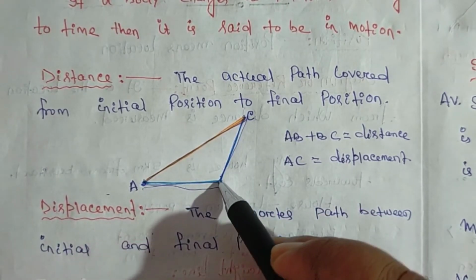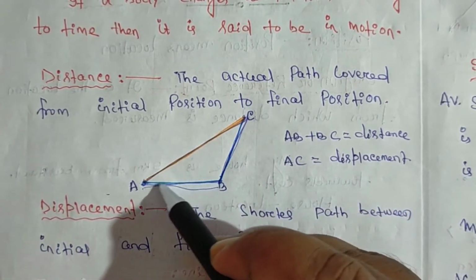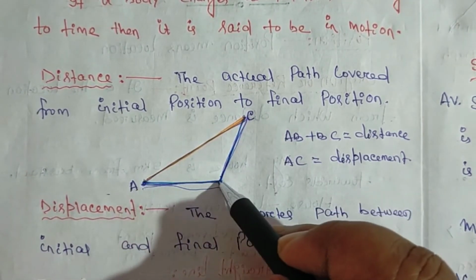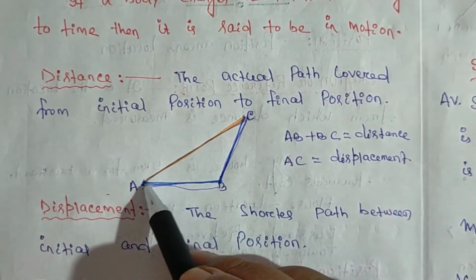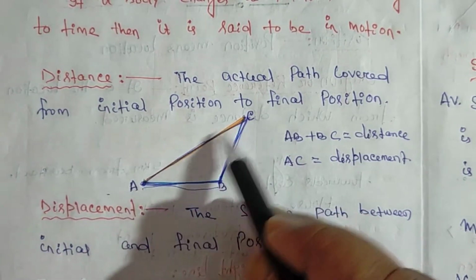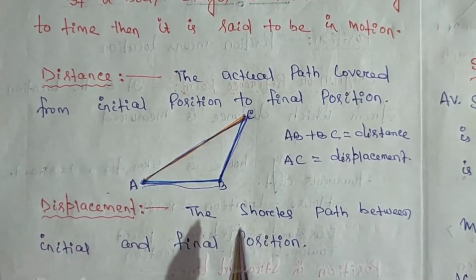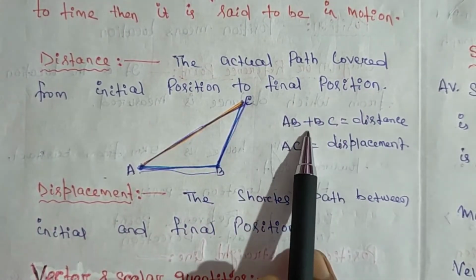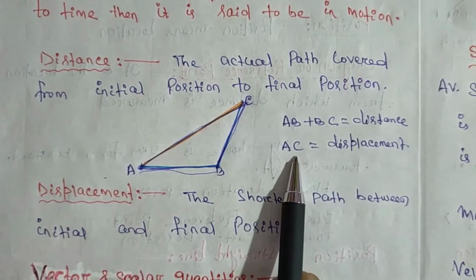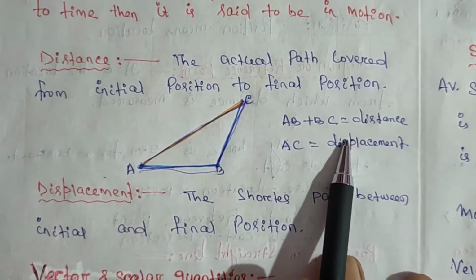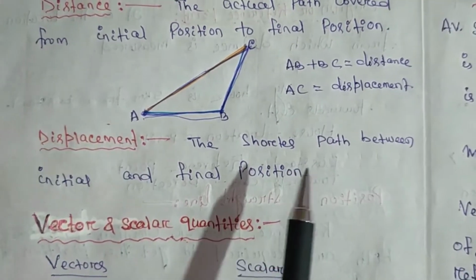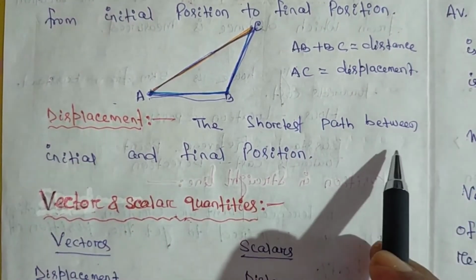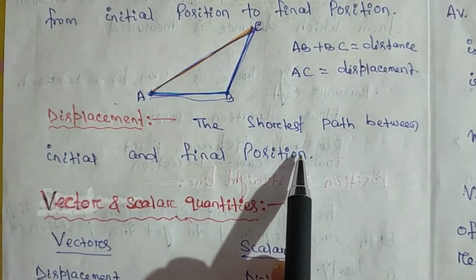So AB plus BC is the distance between A and C, but displacement is the length of AC. What is displacement then? The shortest path between initial and final position.